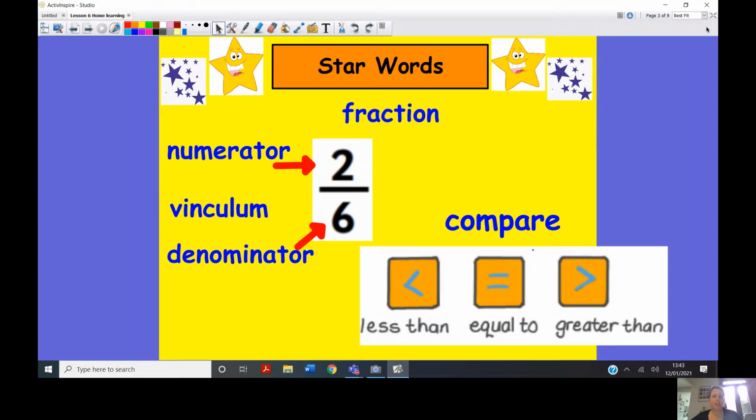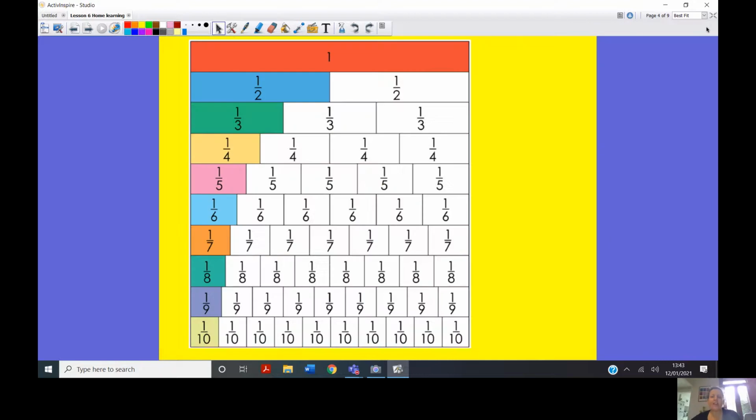Right, so we're also going to have a star item for today. This is something called a fraction wall. And as the name suggests, it is a wall made out of fractions. What this is made up of, you can see here at our top, we've got our whole, which is 1.